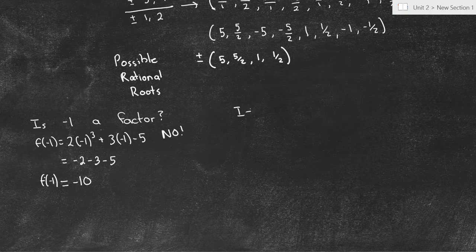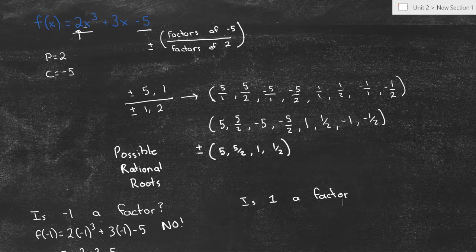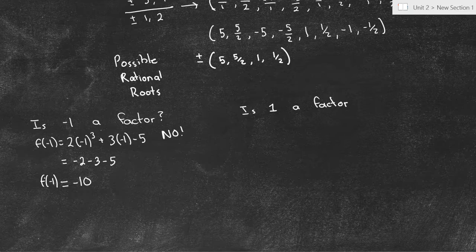Let's try, is 1 a factor? Remember that we are looking for when it equals 0. If it equals 0, it's a factor. This is just a quick way to test without doing synthetic division. So now we can say, with 2x cubed plus 3x minus 5, f of 1 equals 2 times 1 cubed plus 3 times 1 minus 5.